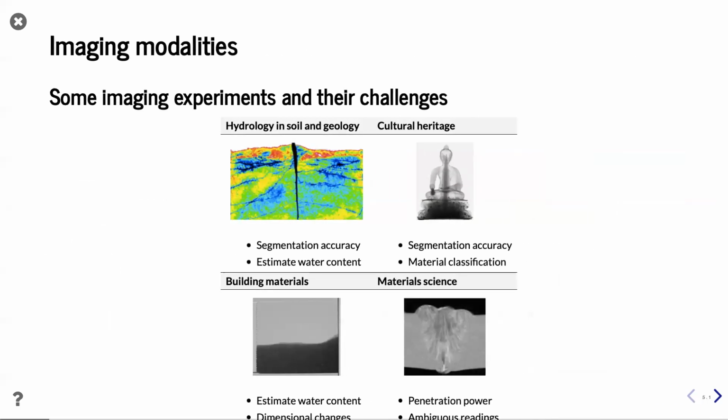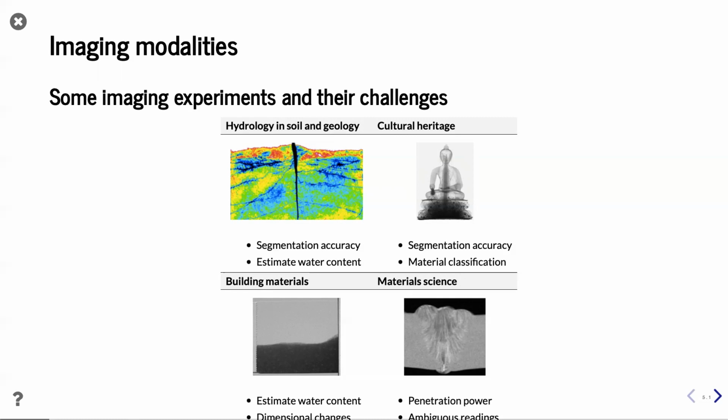So we have some imaging experiments and challenges. In this case, I have essentially just taken neutron imaging examples, but it actually applies to many other fields. So we have hydrology in soil and geology. Here the problem is segmentation accuracy and how to estimate water content in these images.